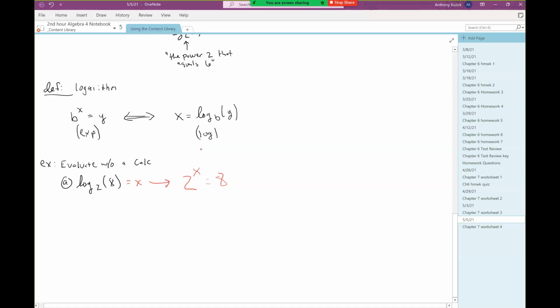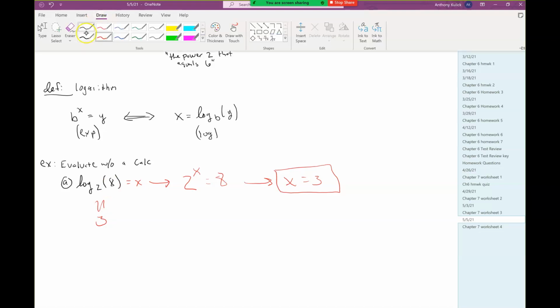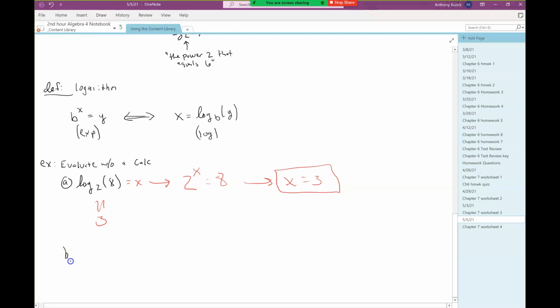And hey, we know what that is. x is 3. So we can say log base 2 of 8 equals 3. Everybody okay there? They could be kind of sneaky.